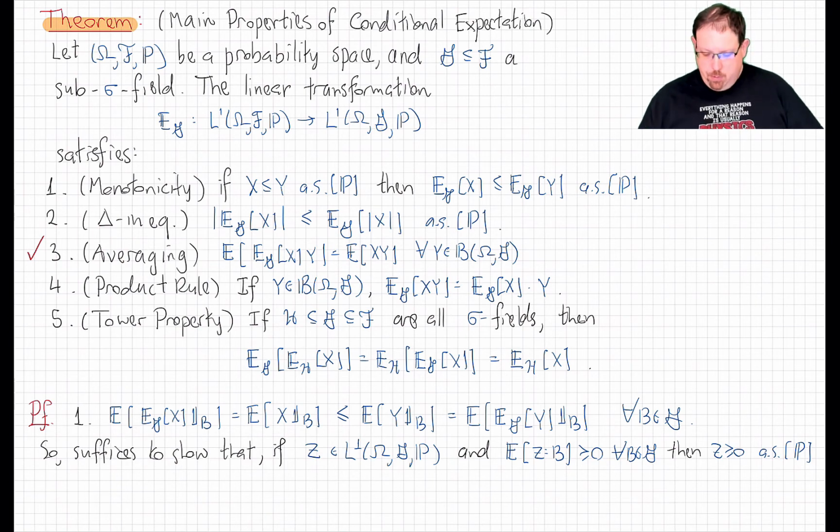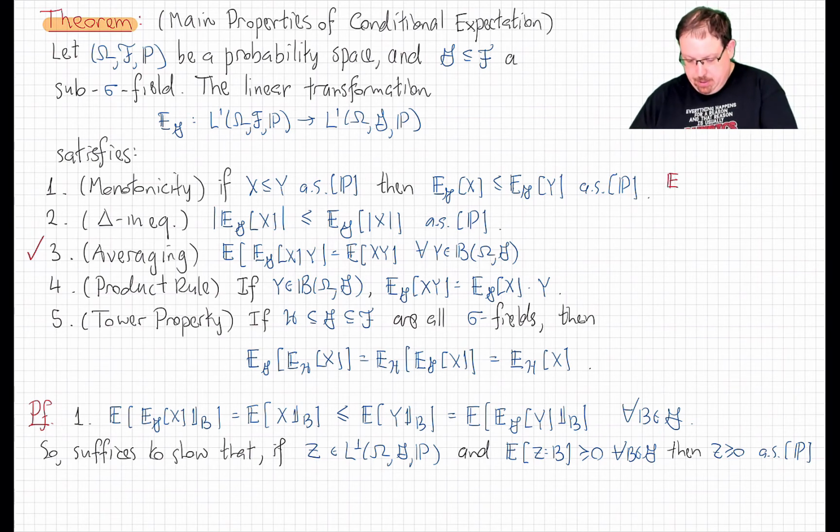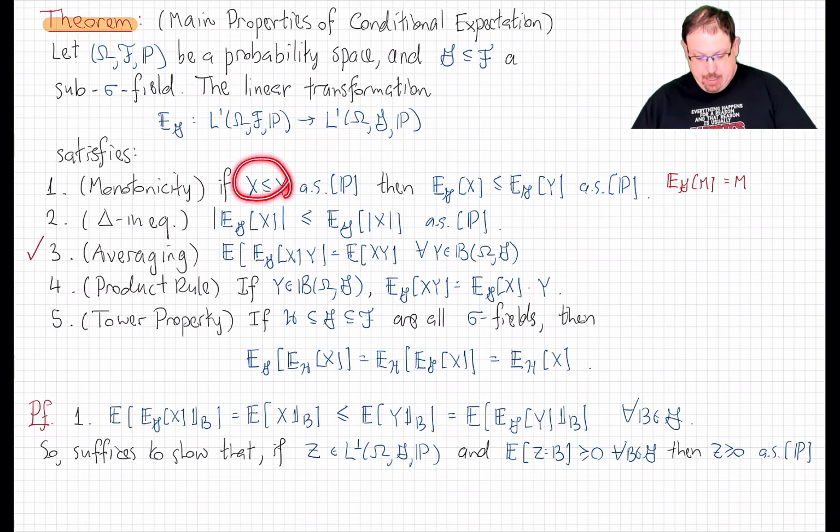Before we get into the proof, let me make one remark from points 1 and 2. First, if m is a constant, then the conditional expectation of m, given any sigma field G, is just m itself, as you can clearly work out. That means, from point 1, that if X is bounded, meaning that X is less than or equal to some constant m almost surely, then the conditional expectation of X given G is also bounded by m almost surely.